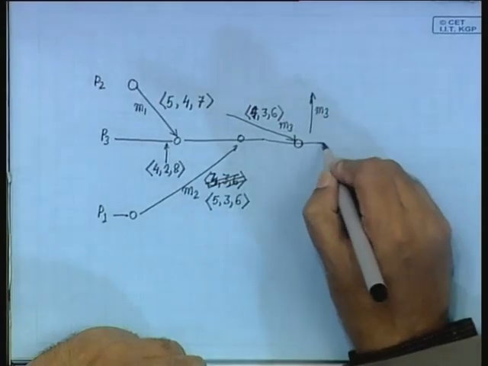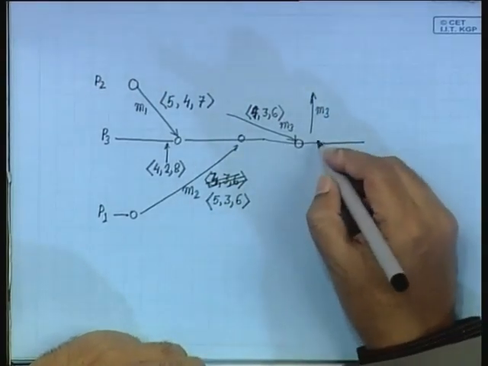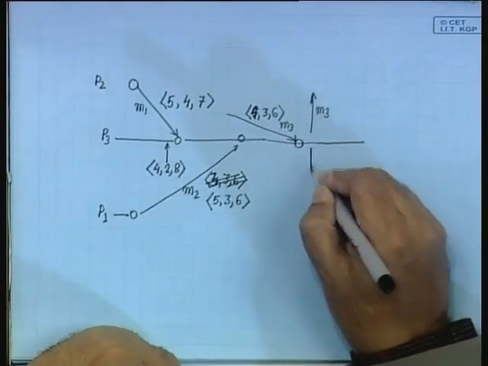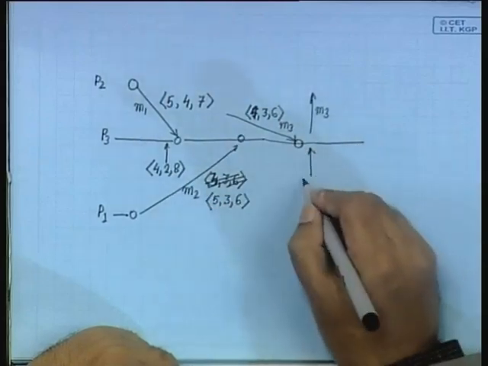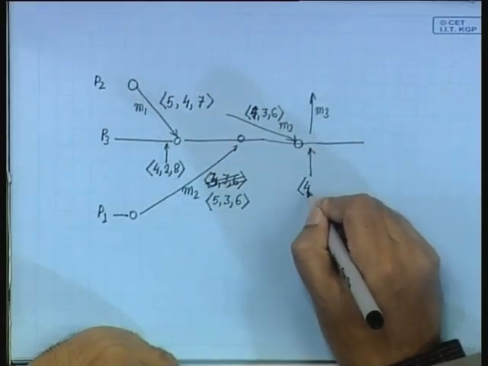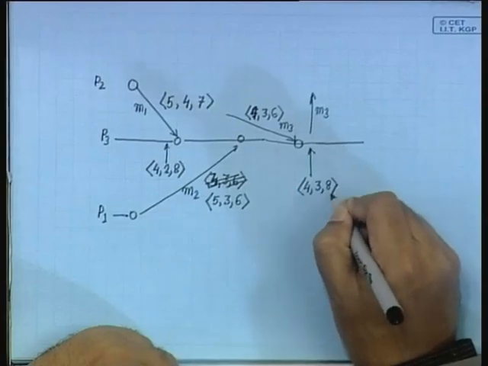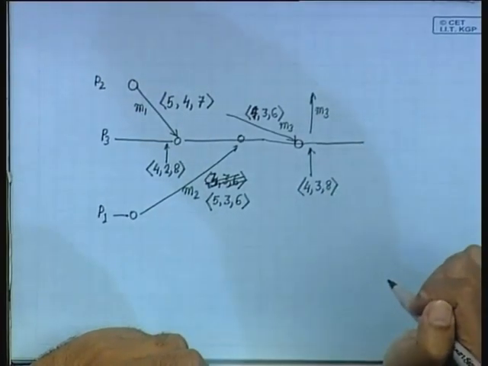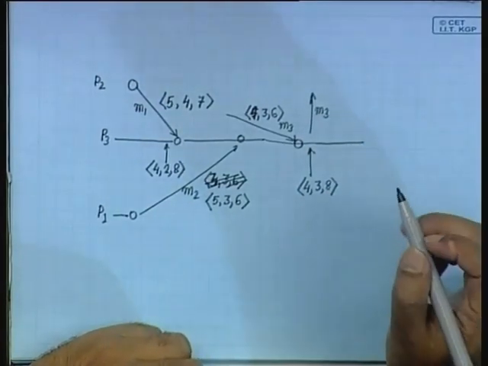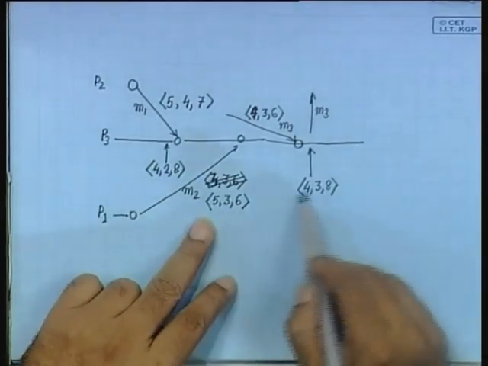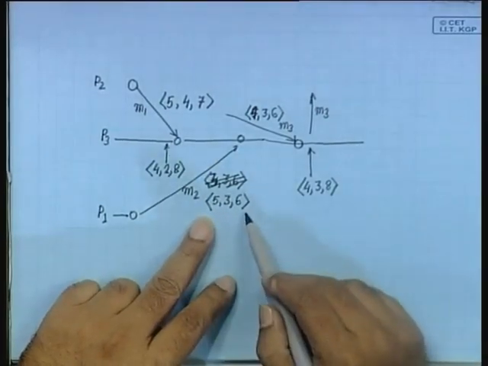and how do we update the clock? The vector clock will be updated to the maximum, 4, 3, 8, right. Now let us see, it satisfies the delivery requirement for M2.